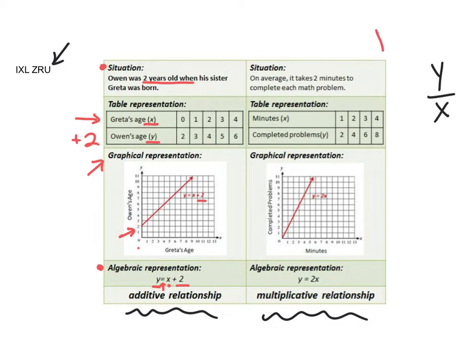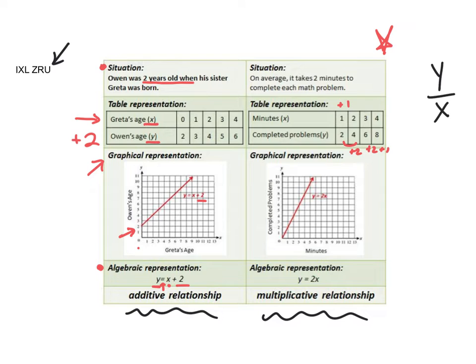Whereas what we're more used to seeing is maybe a multiplicative relationship, where the situation is, on average, it takes 2 minutes to complete each math problem. So you can see the relationship between x and y. For every 1 minute that passes, 2 problems are completed. So you can see here, each of these, we're going up by 2, up by 2, up by 2.